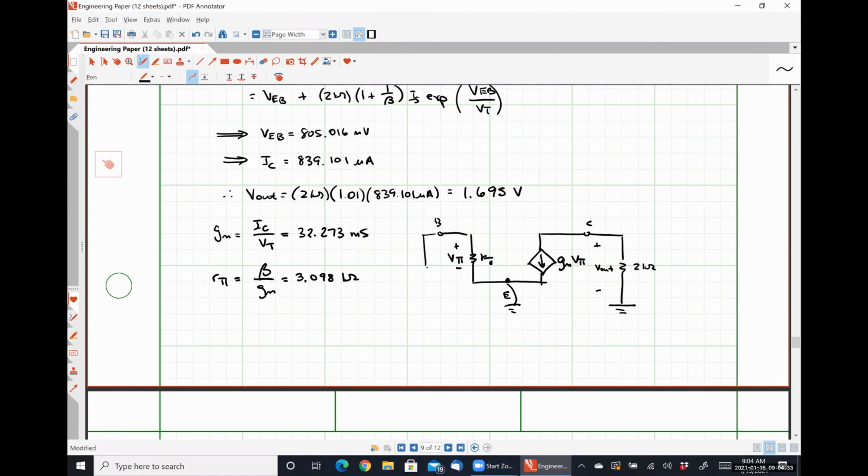Let's see, actually, hold on. So the base and the collector are shorted like so. The emitter is AC grounded, or small signal grounded.